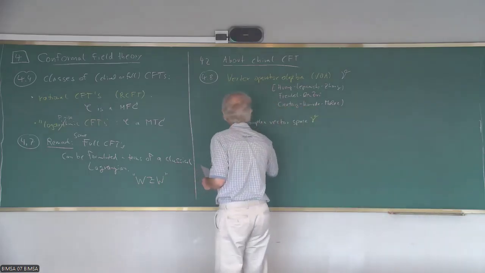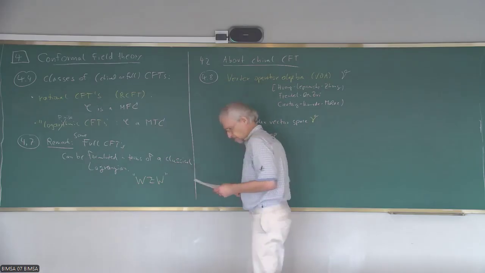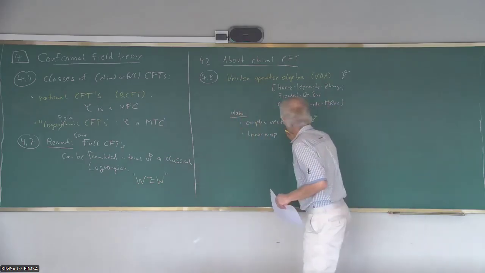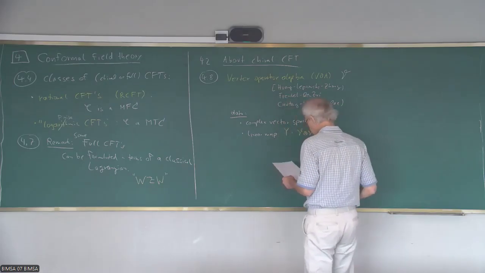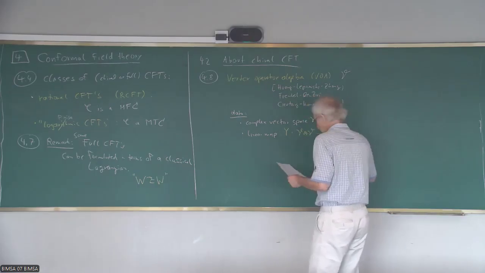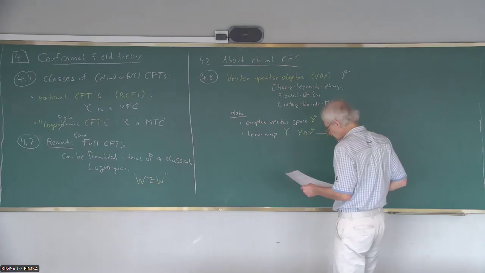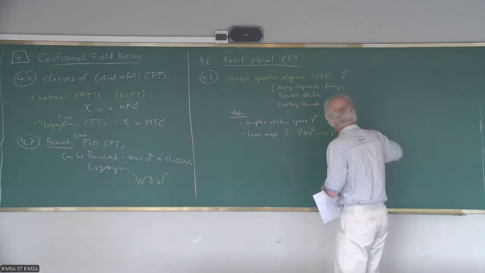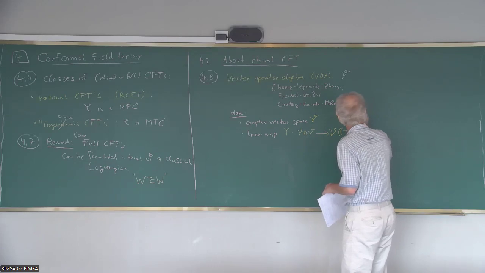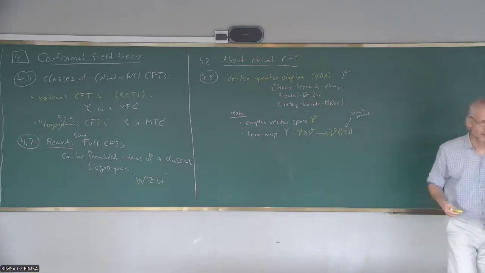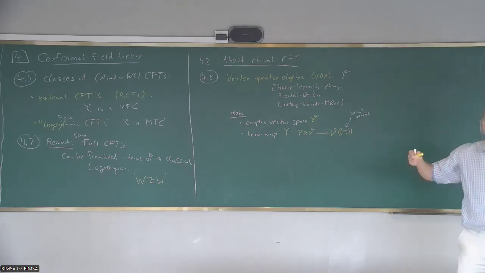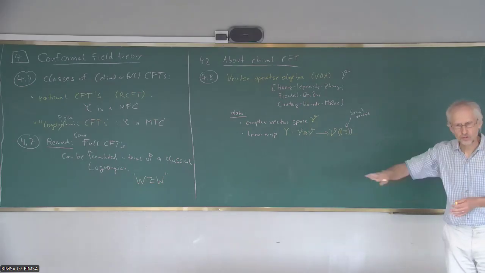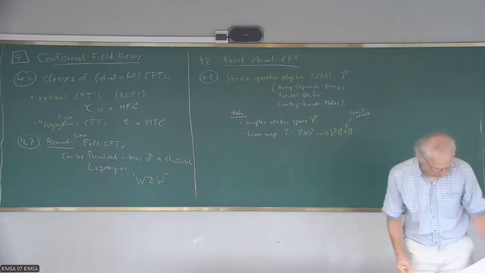Then there is a linear map, which I call Y, from the algebraic tensor product of V with itself to Laurent series in some formal variable, which I denote by z, with values in V. This means that these are power series in z and z inverse, which are bounded from below.